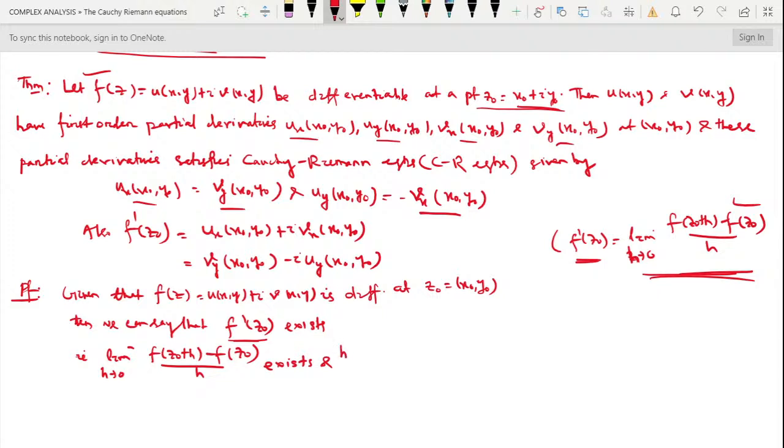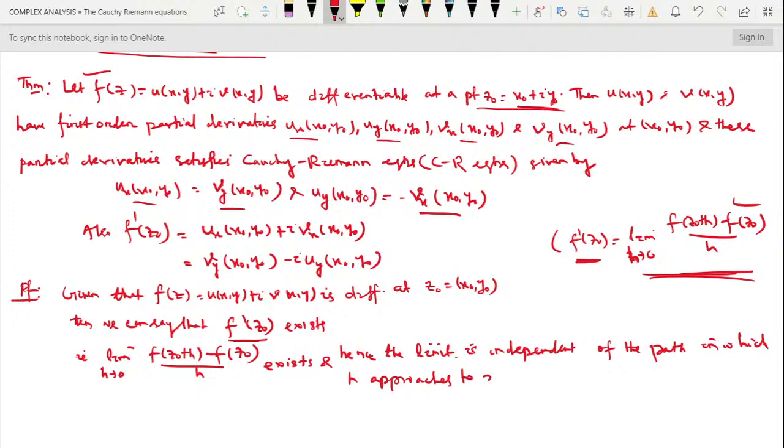Hence the limit exists, and hence the limit is independent of the path in which h approaches 0. Since this is complex analysis, compare with real analysis: if I say limit x goes to 0, since this is one dimension, you have to see only the left hand limit and right hand limit.